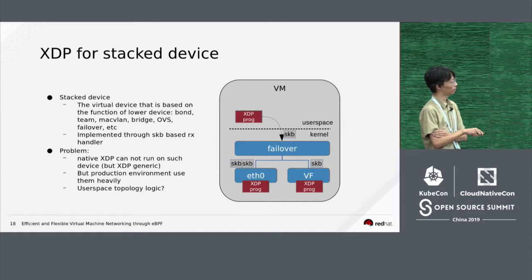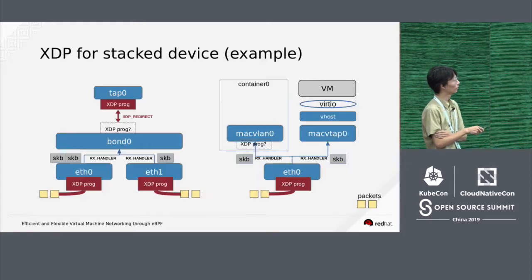If the device is unplugged, we have to switch to the software side, and in the physical device we support XDP, but it's not necessarily using XDP to calculate all the complex logic. So it's on this stacked device and in the virtualization machine.